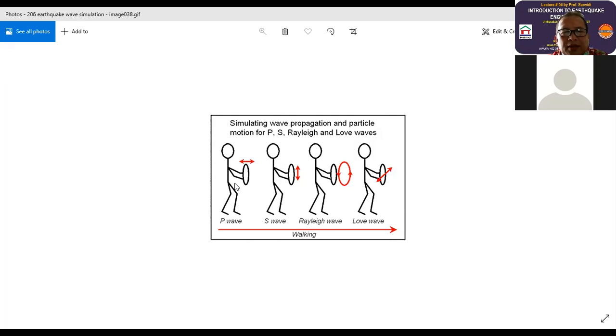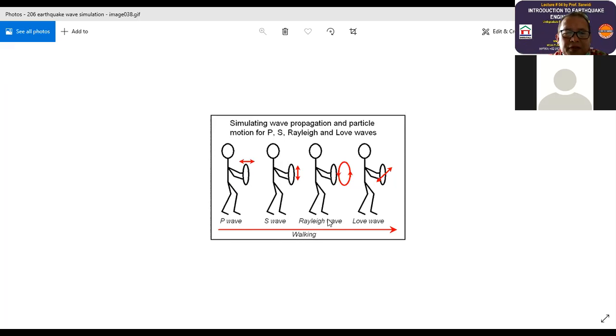Okay, if we describe using gestures or hand movement, you can imagine people going forward, walking, and bringing their circle forward and backward while they are walking forward. Then the other aspect is going up and down, but walking forward too.